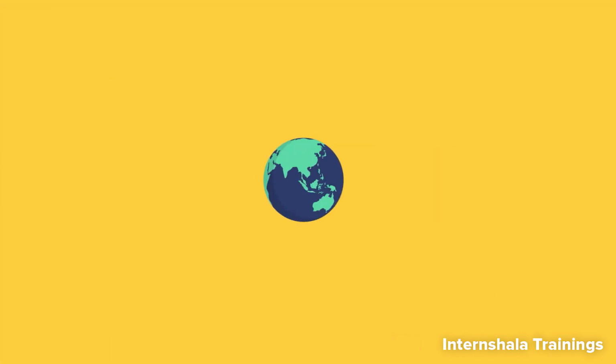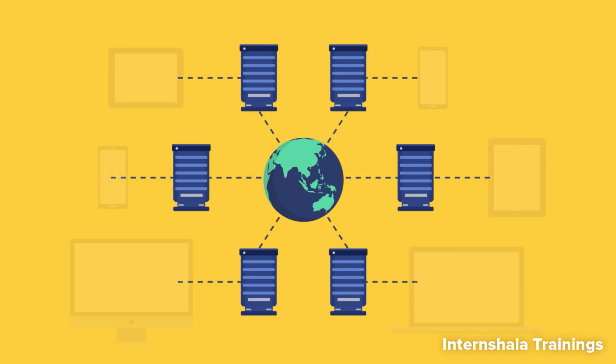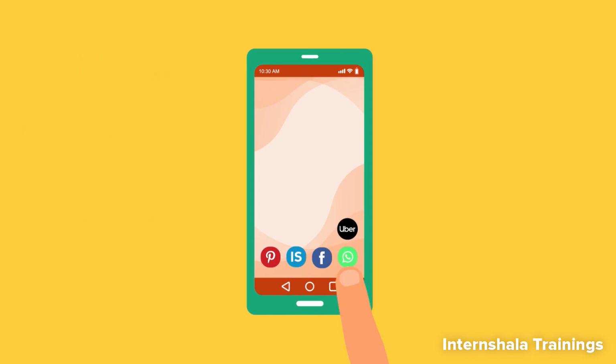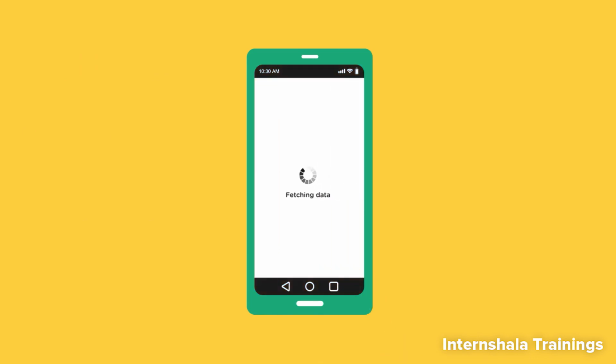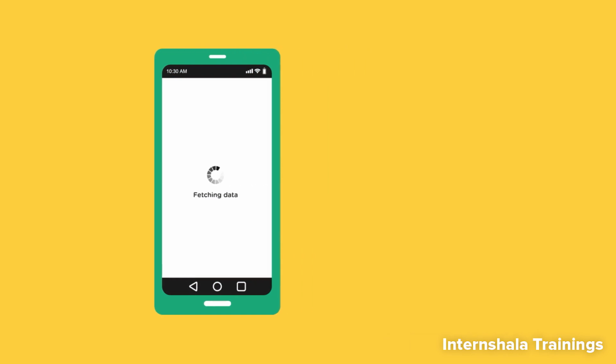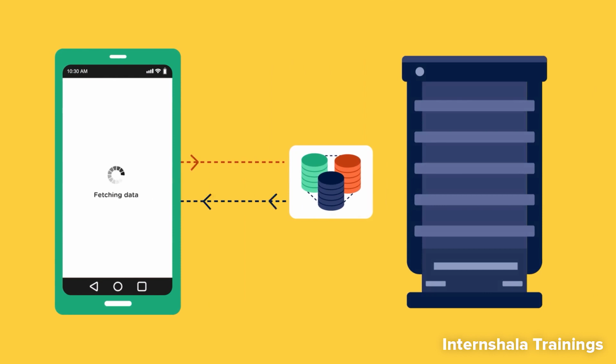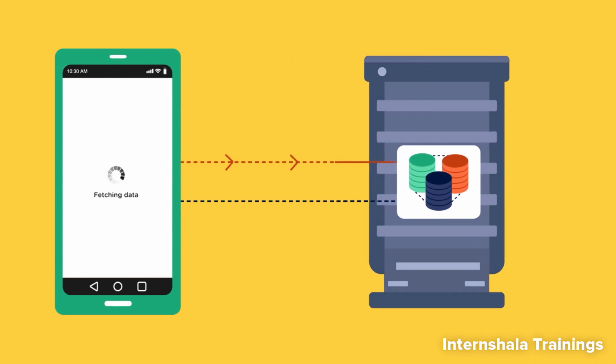Look at it this way. When we say the internet, what do we mean? A lot of devices connected together by some means. These devices are the servers, and these are the devices that we use in our everyday lives, right? When we say the app will fetch data from the internet, from where are we fetching this data? Well, we are fetching it from a box or a file that is placed on a server, which is connected to the internet.